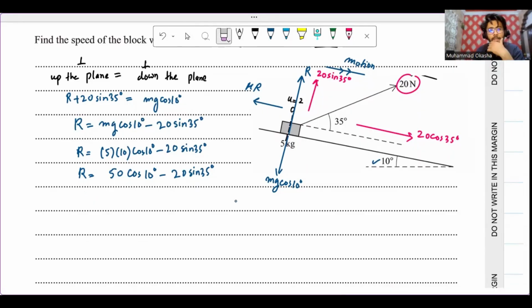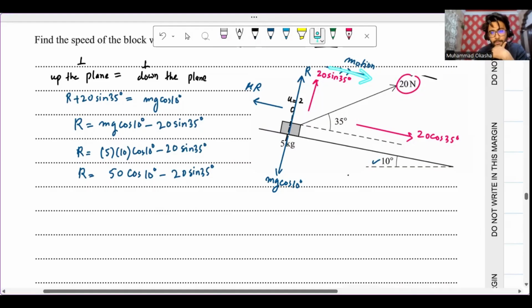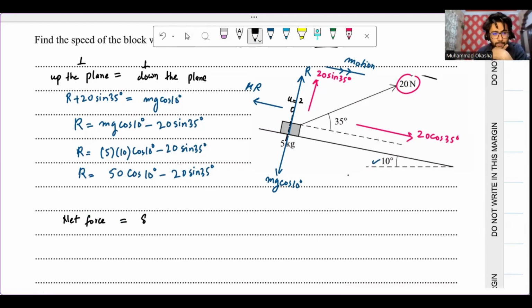And then, because there's a net force, there's motion down the plane, right? Which means that if I'm talking about the net force, it's always going to be forces supporting the motion minus forces opposing the motion. So what are the forces which are supporting the motion?